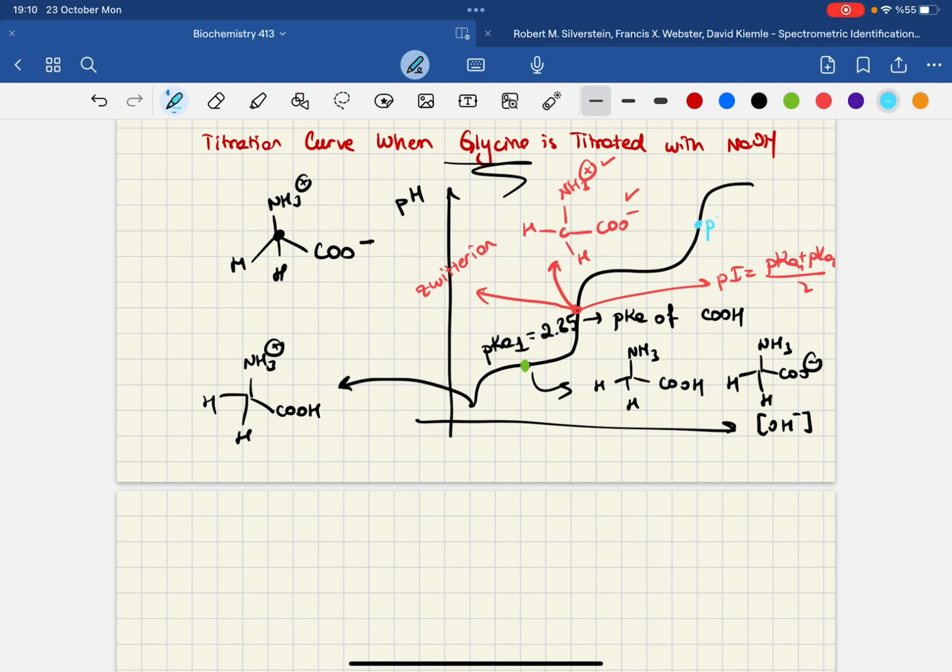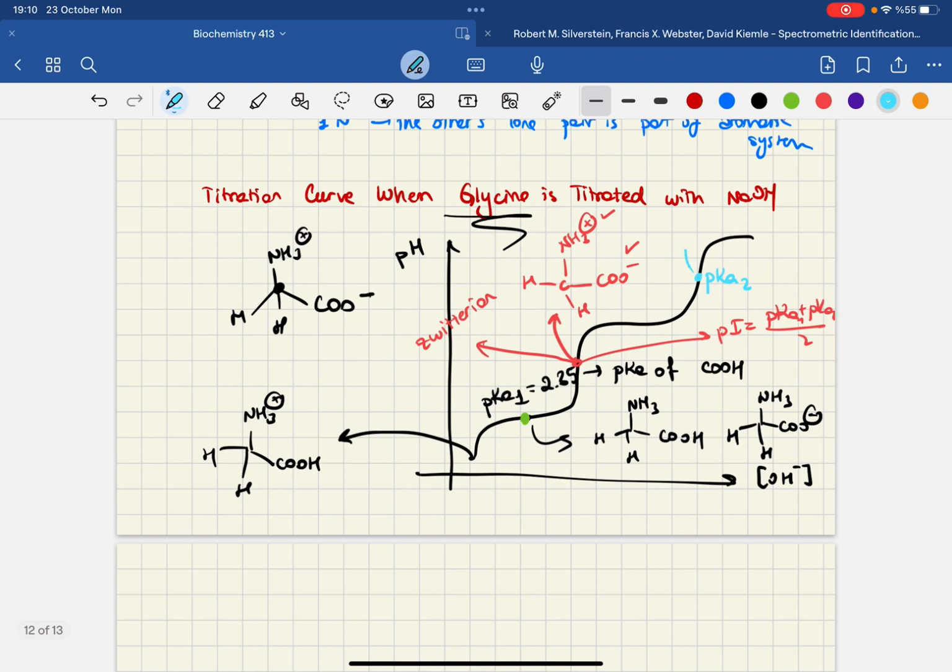We have the pKa2, which is the pKa of the amine group, and this pKa tells us that we have both molecules, in which we already had the acid deprotonated. Let me write them real quick. We already had 2 hydrogens, and one of the amine groups will be NH3 plus, and one will be NH2, because as the medium is so basic, it will take 1 hydrogen from half of the molecules.